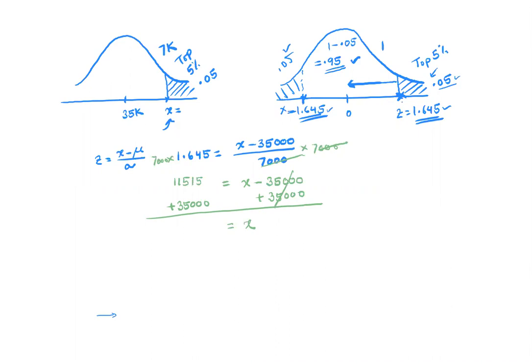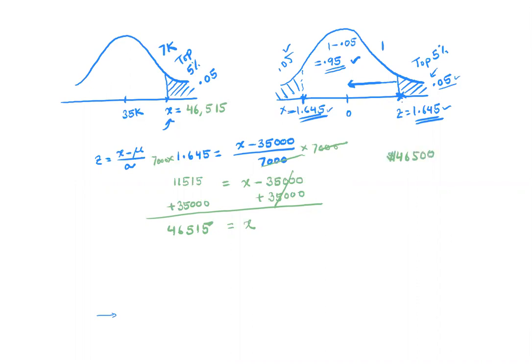So 35,000 plus 11,515, there's going to be 46,515. So if roughly someone makes more than 46,500, right?